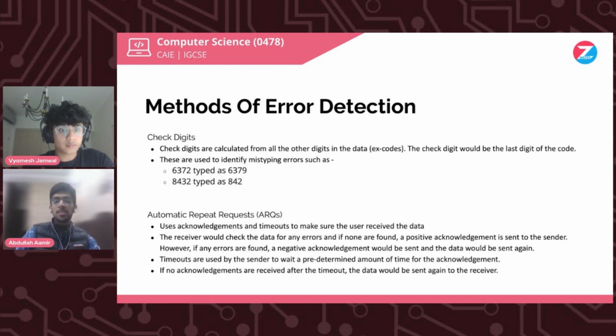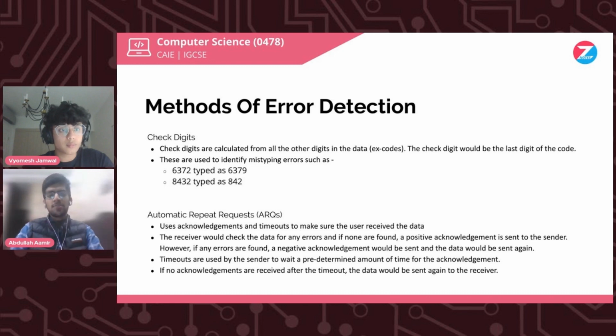However, if the data is not correct, it tells them the data is not correct, send me the correct one. But let's say the receiver does not send any acknowledgement. There is a predetermined amount of time the sender will wait. If the acknowledgement is not received, it will send the data again until it receives the acknowledgement within a set amount of time. So this is ARQ.